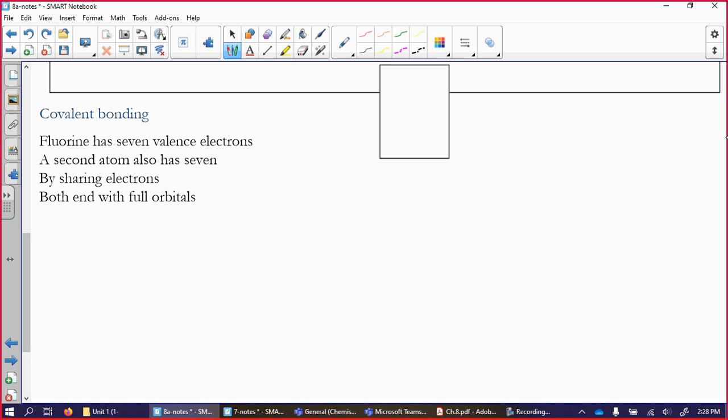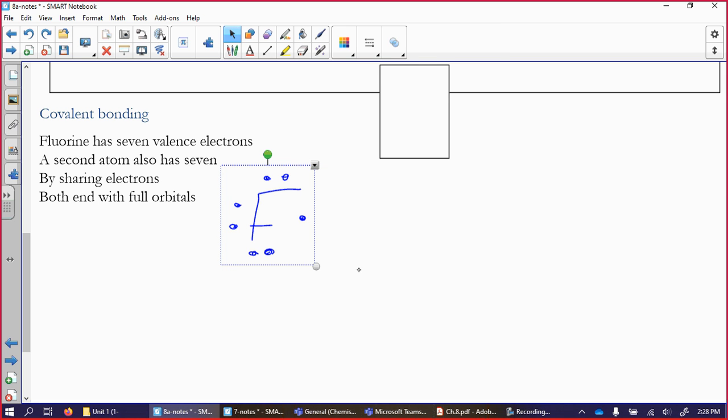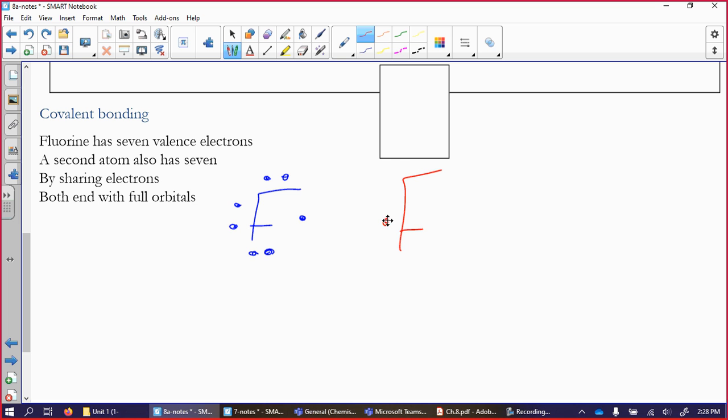So fluorine is a little bit more complicated because fluorine has 7 valence electrons. Fundamentally, it's the exact same idea. The second fluorine has 7 valence electrons as well.